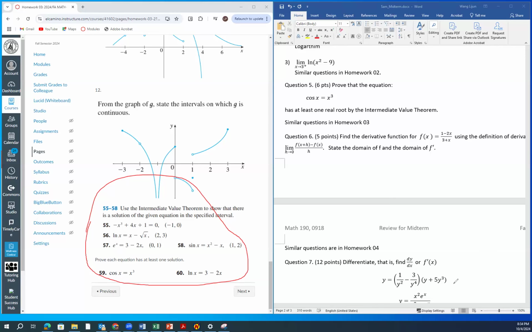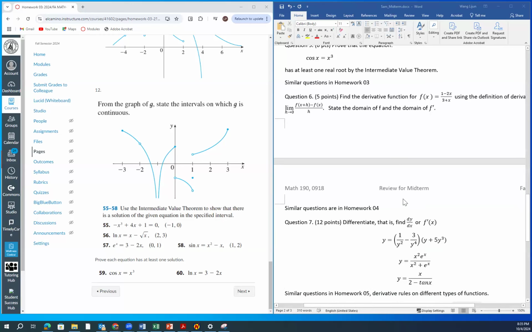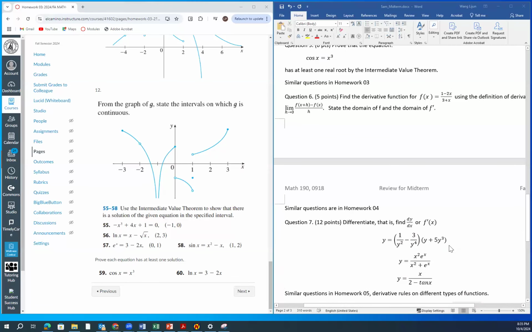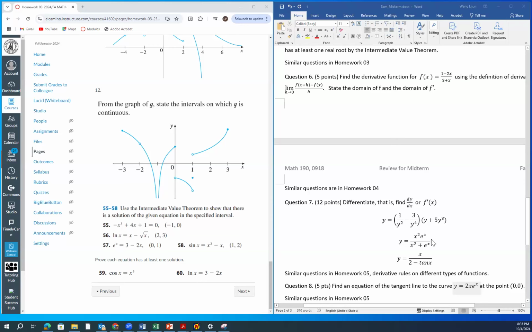All right. So intermediate value theorem. There's a question on the intermediate value theorem. Don't worry about the points because I haven't decided on the points. All right. And next comes the definition of a derivative. Definition of derivative, that's homework number 4.